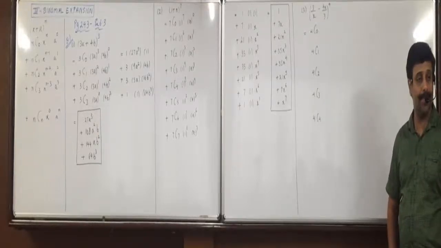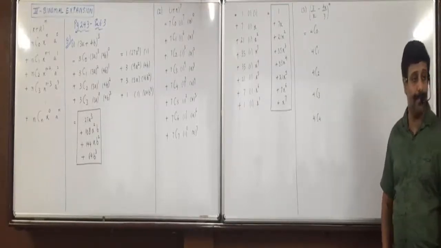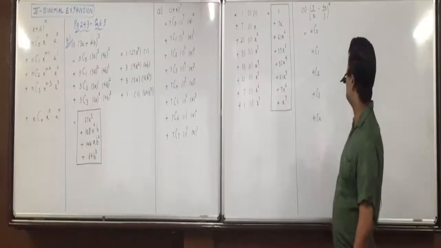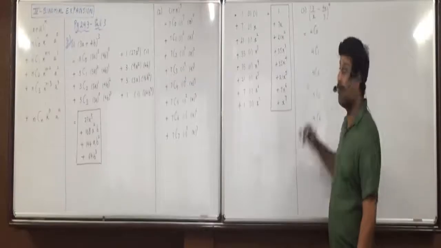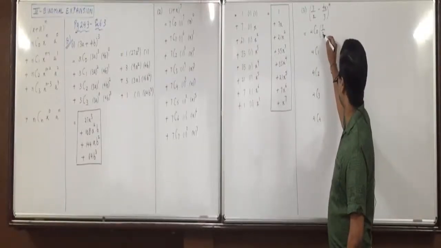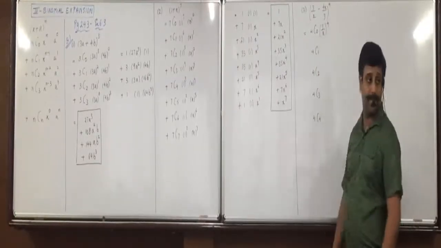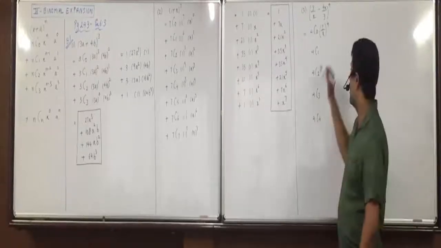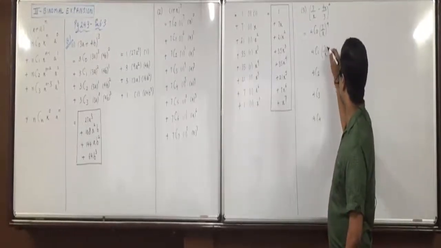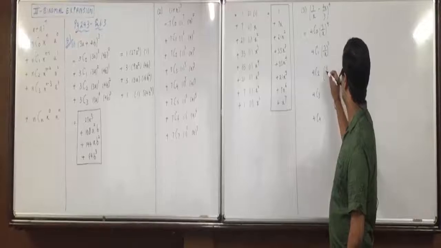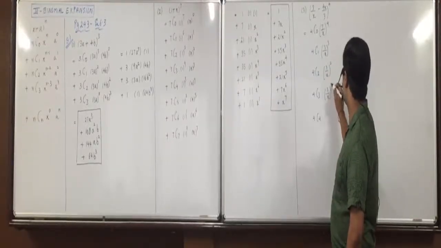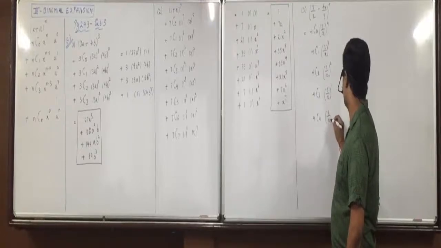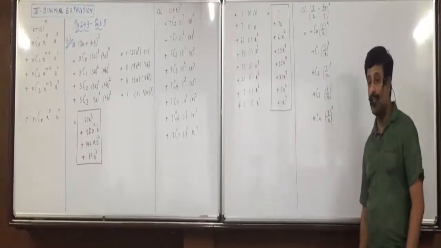Any confusions? Kiran, first variable? By 1, it's 3 by x raised to 4, 3 by x raised to 3, 3 by x raised to 2, 3 by x raised to 1, and 3 by x raised to 0.